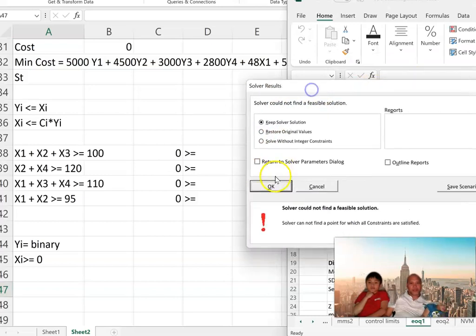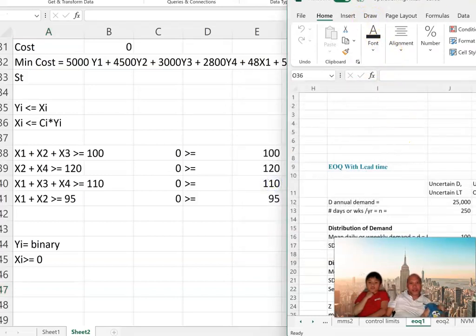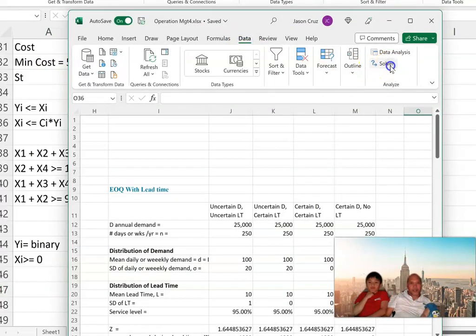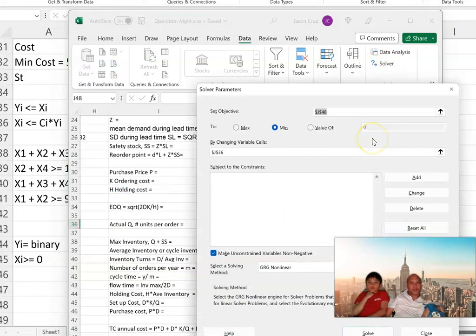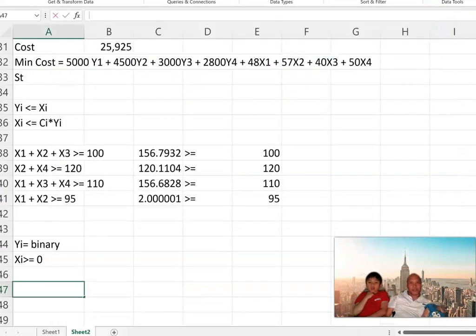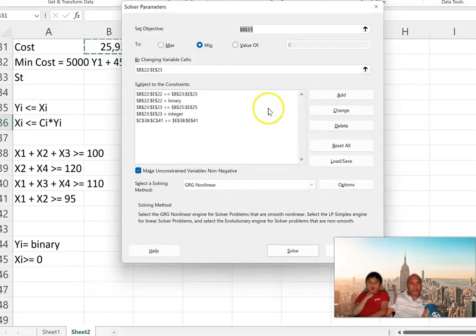Oops, could not find a solution. Why is that? Let's see. What is the problem here? Maybe it's because I was doing it with a different sheet.